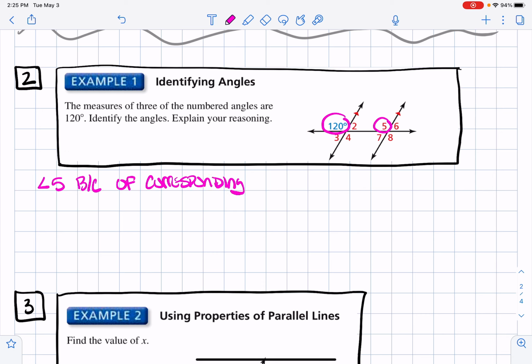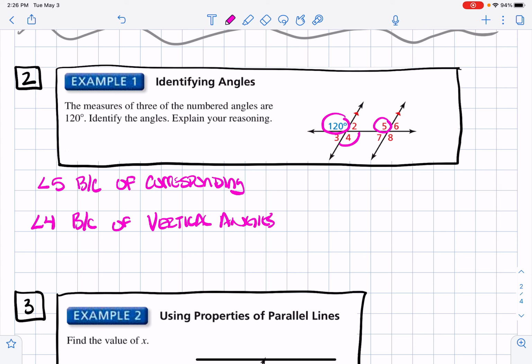Angle 4 is also 120 degrees. So angle 4, because of vertical angles. Vertical angles are equal, so 120 and angle 4 are going to be equal.